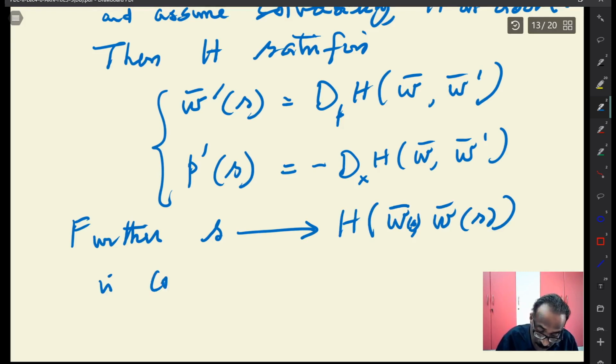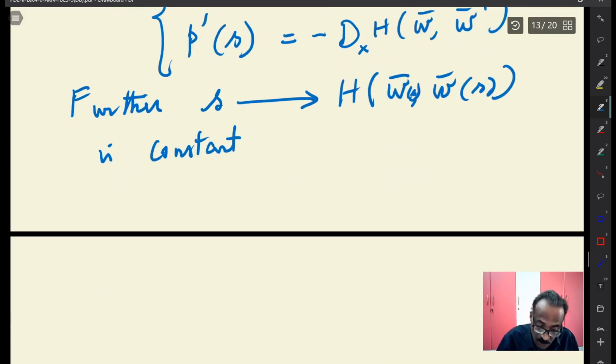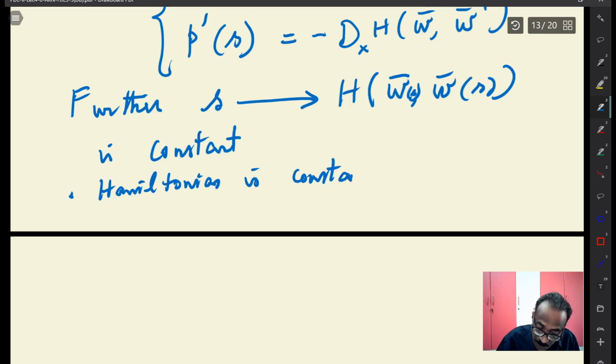That means that the Hamiltonian is constant along optimal trajectories.